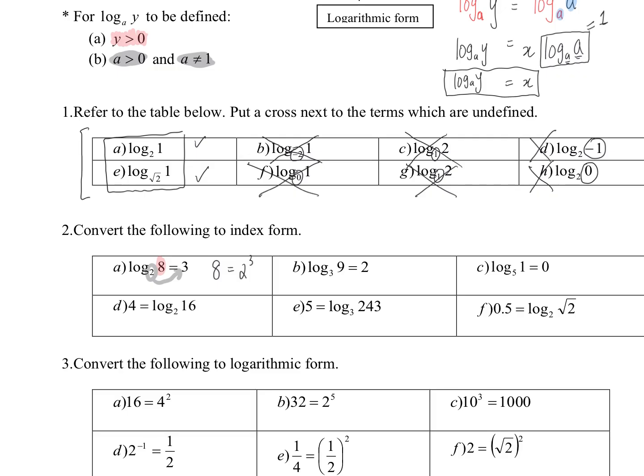Can you see? You bring the 2 here and push the cube upwards. So this is the index form. Can you see it's valid? Same thing here: push this up to be 3 squared, and then it equals 9. Can you see it's valid? Yes.